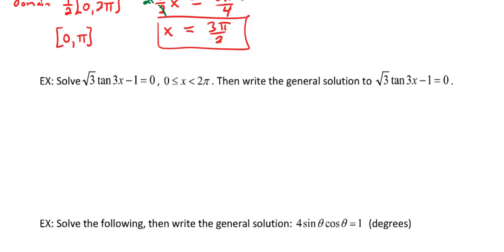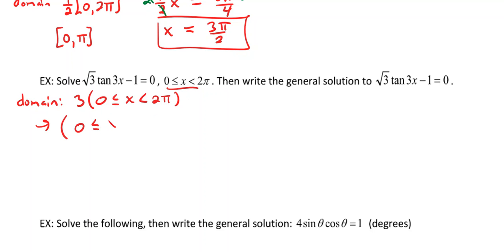Okay, so again, writing out our domain to figure out what we need to solve for here, the domain would be 3 times the domain they gave us. So the domain we're actually looking for here, to begin with anyway, is going to be 0 and then 6 pi. So we go all the way up to 6 pi for the first one.